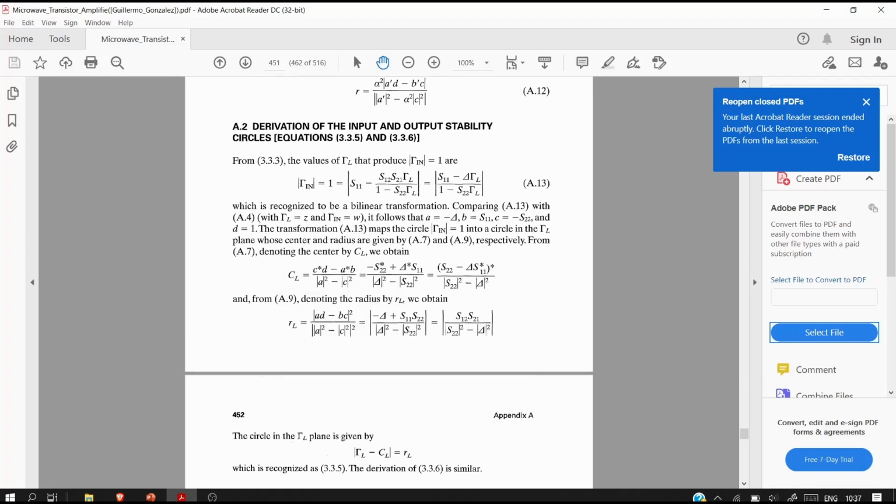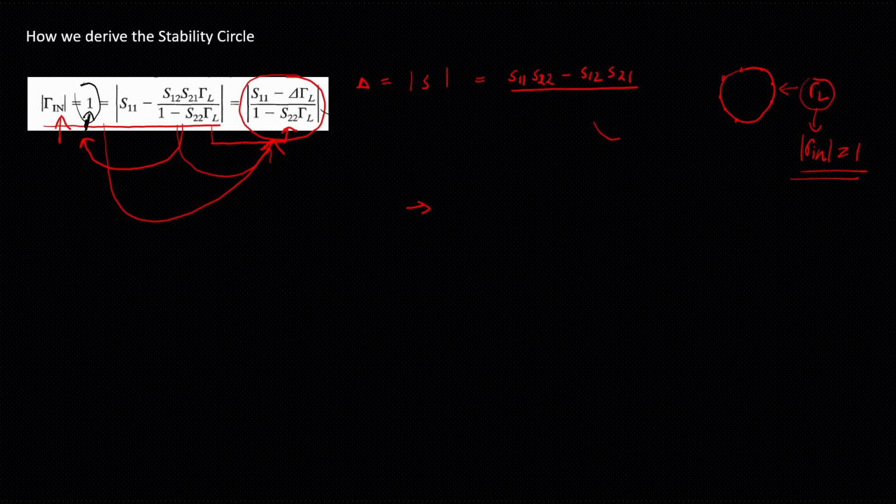This is your equation for the center and your equation for the radius, and you can see they are all in terms of S parameters. Delta, or the determinant, also comes from the S parameters only. That means directly from the S parameters you can deduce the circle equation, and these are for gamma in. You can do the same thing for gamma out also. So we now know how to draw that stability circle.